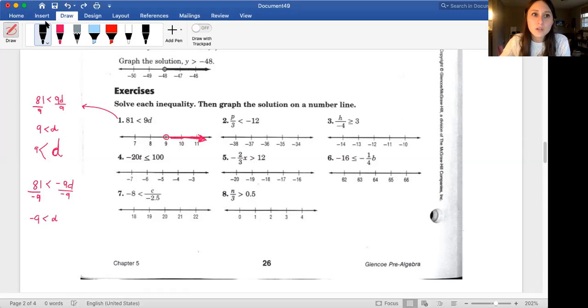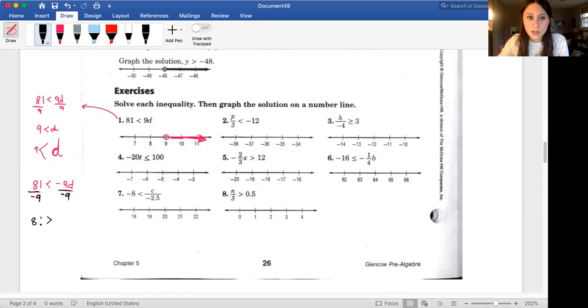So to avoid this situation, we have to flip the sign so that when we check our answer, we have a solution that actually works. So what I mean by flipping the sign is when we're dividing or multiplying by a negative on both sides, instead of writing our inequality the way it is in our equation, we're going to flip it. So now it becomes greater than.